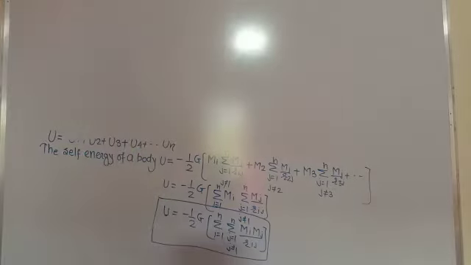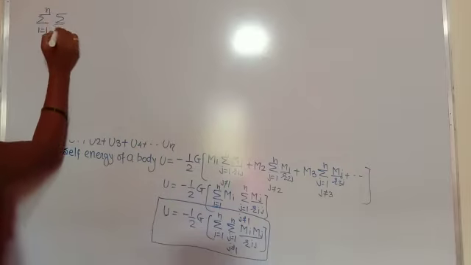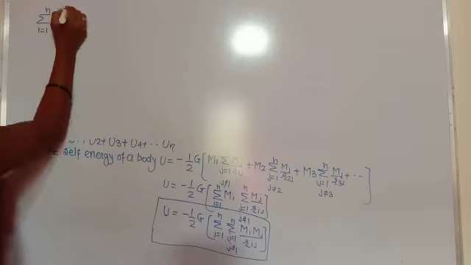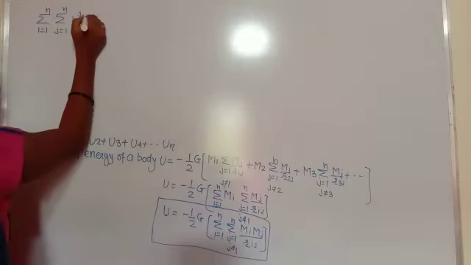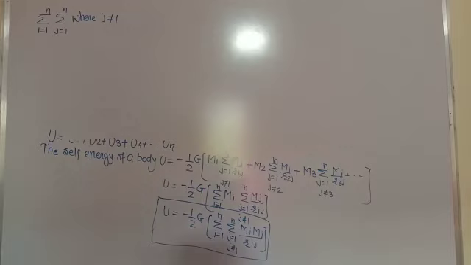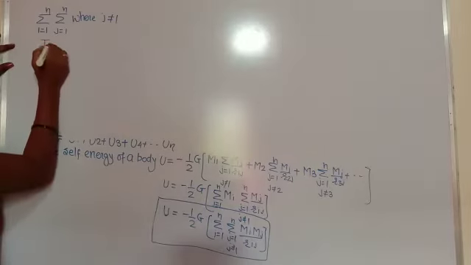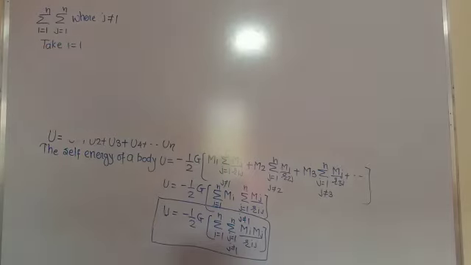Here, double summation notation means summation i equals 1 to n and summation j equals 1 to n. This is the double summation, and the double summation notation where j is not equal to i means take i equals 1.